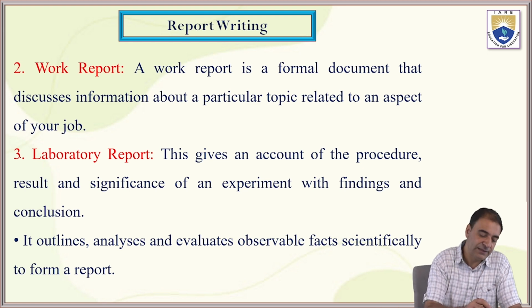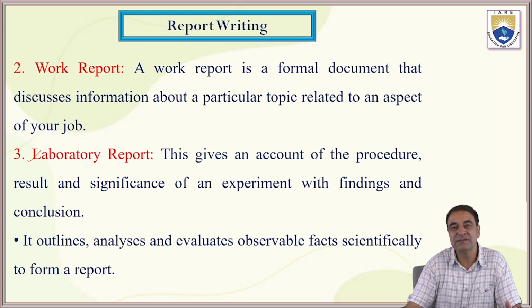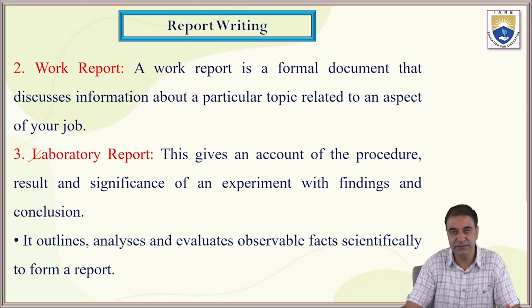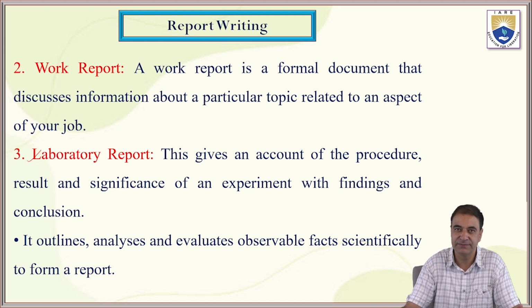And the next one is the laboratory report. This gives an account of the procedure, result and significance of an experiment with findings and conclusion. And these kinds of reports are called scientific reports because they follow a certain procedure. In fact, we always look for results or the significance of an experiment.